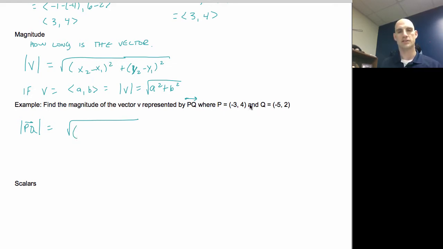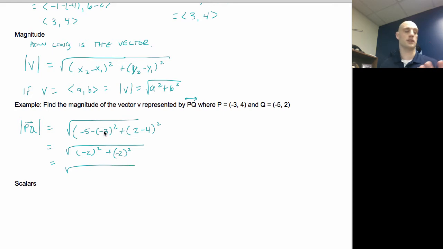So I'm going to do x2 minus x1, so -5 minus a -3 squared, plus 2 minus 4 squared equals. So 5 minus a -3 would be -2 squared, plus 2 squared, minus 2 squared. Essentially, it doesn't matter because we end up squaring it.